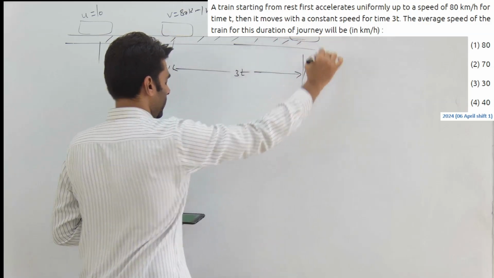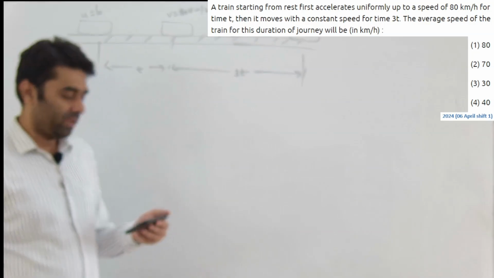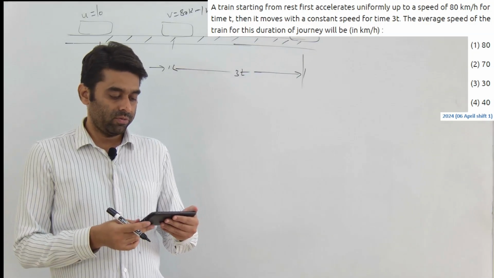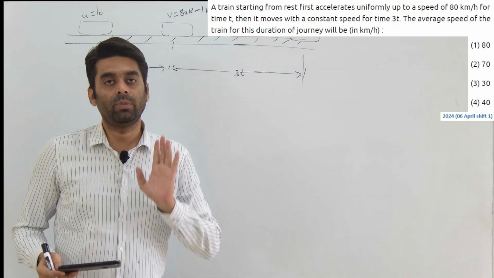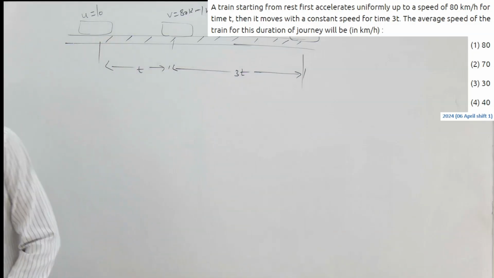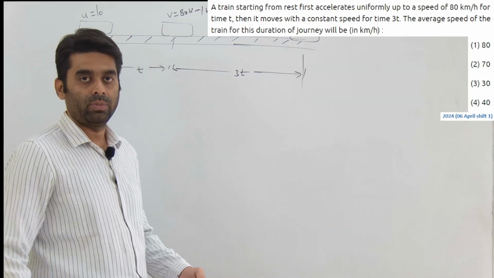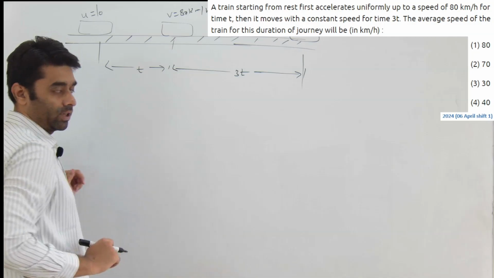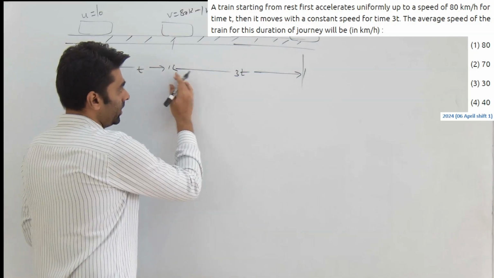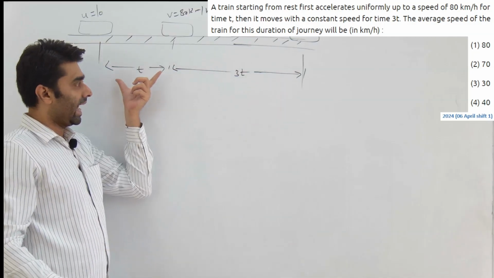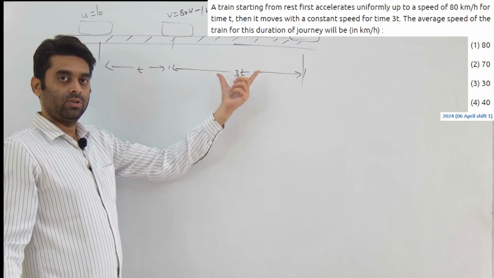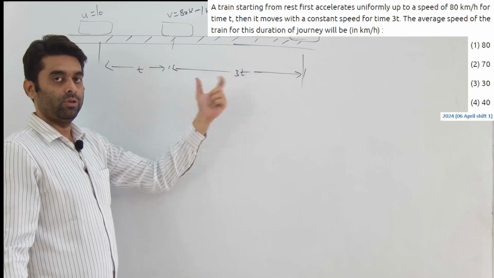Well and good. They are asking us the average speed of the train for this duration of journey, in kilometer per hour. Okay, they've given us in kilometer per hour, so no need to change to meter per second. Let's solve it for this part of the journey, which has two parts. One is accelerated motion, one is constant velocity motion, where acceleration is 0, uniform motion.